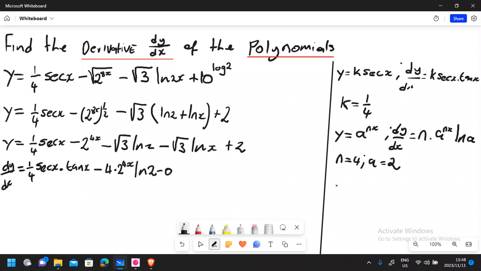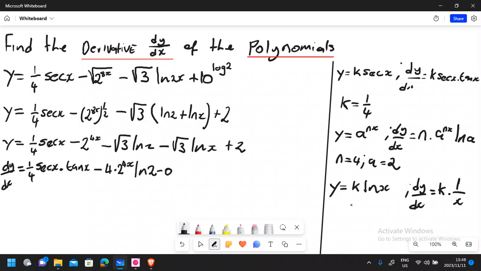When we have y equaling k, now we do have k this time around, multiplied by natural log x, then if you want to find dy over dx on this one, we know that is going to be k multiplied by the derivative of natural log. We know that is 1 over x. Always, guys, do not forget this one. It's easy to forget this one, by the way, so do not forget it, guys.